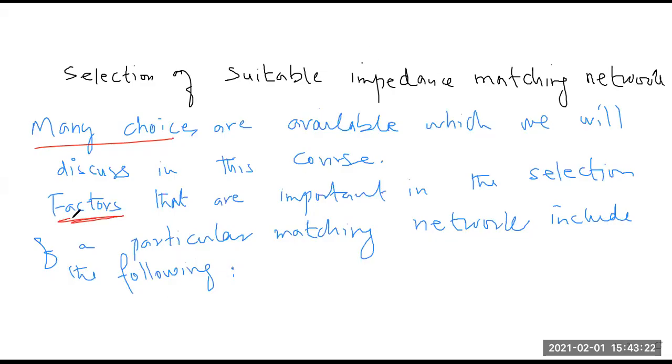Which factors will you take into account before deciding that this particular matching circuit is more suitable for your case? So the first factor is always complexity.